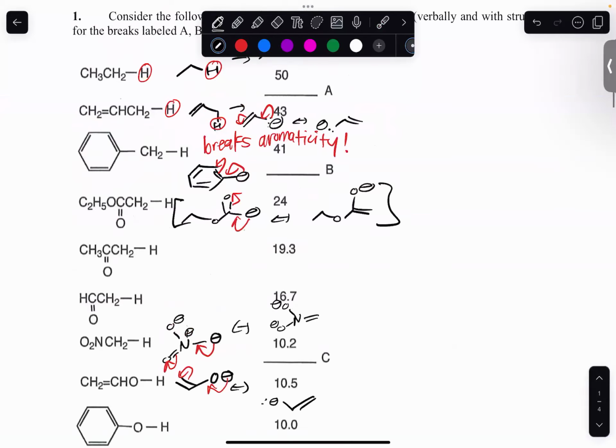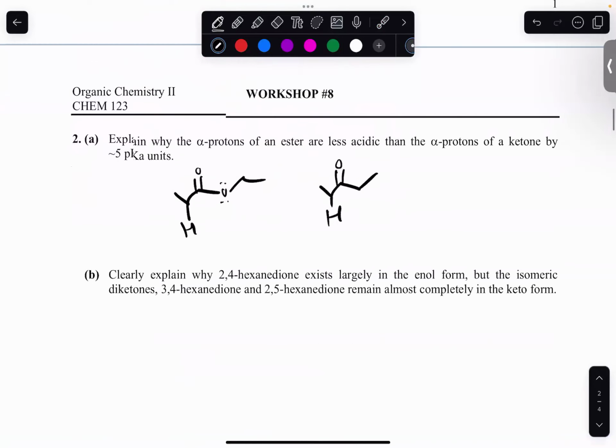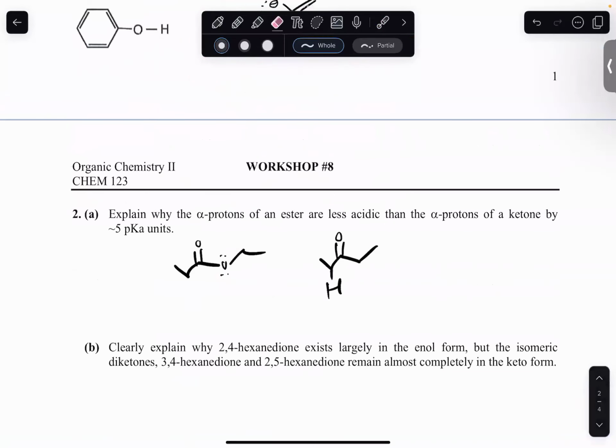Because the ester, when you take the hydrogen, in the resonance structure there's one where the C double bonds with the other oxygen, and then there's a plus charge on the oxygen, and that's less stable. Right. So when we draw the resonance structures here, the oxygens will have negative charges.